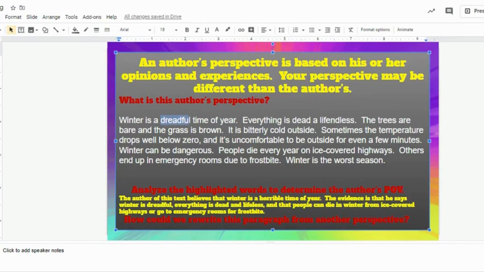Winter is a wonderful time of year. And instead of saying everything is dead and lifeless, we might say something like, everything is beautiful and bright white when it snows. So we can change things around to make it sound more positive or negative, just like an author does when they're writing it. All right, moving on to the next slide.